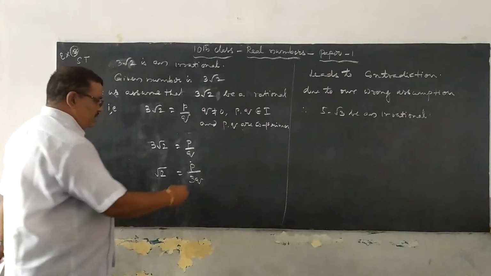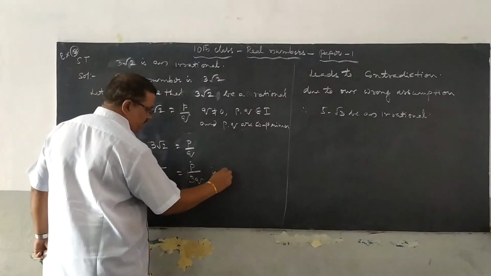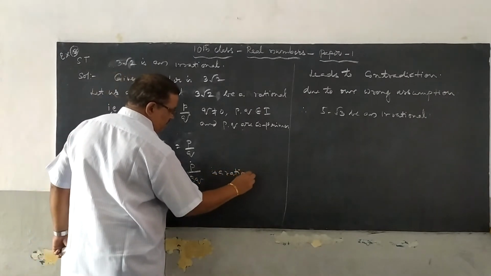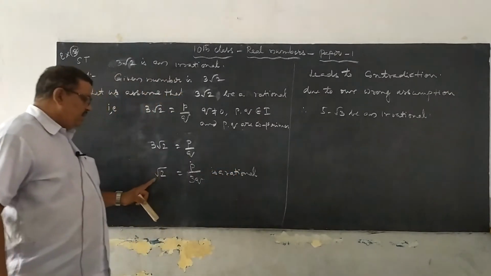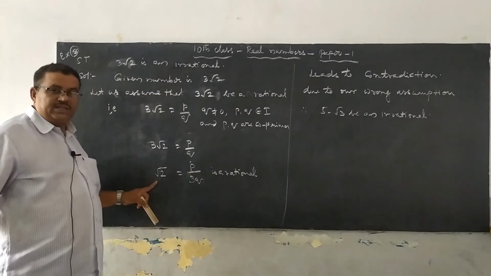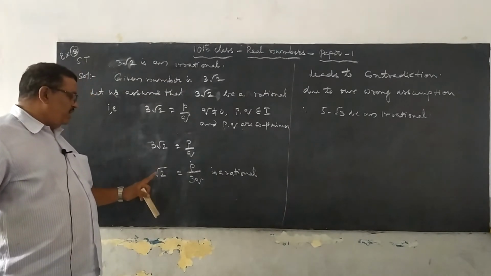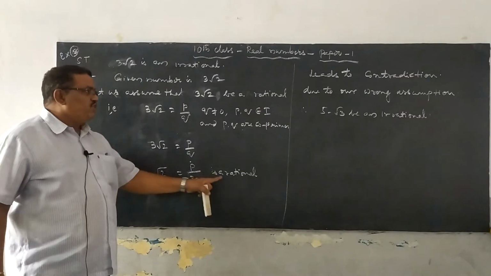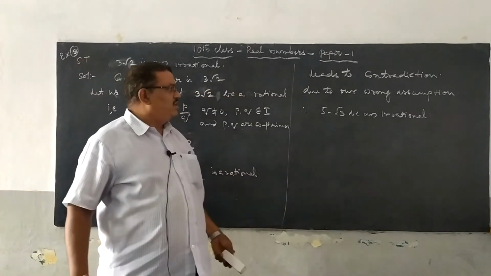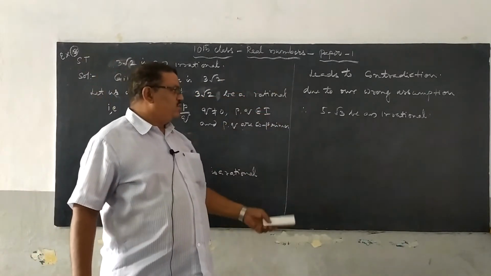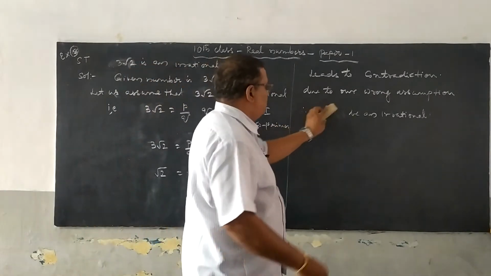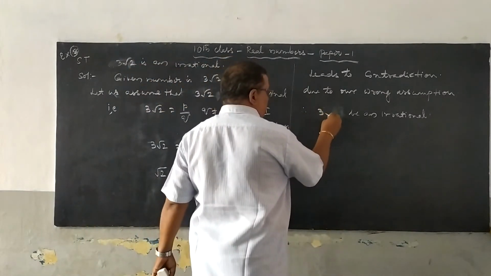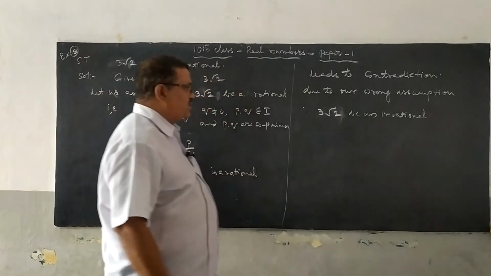Here the RHS becomes rational, but in the LHS root 2 we already proved is irrational. So irrational equals rational, which leads to a contradiction due to our wrong assumption. So finally the conclusion is 3 root 2 is an irrational.